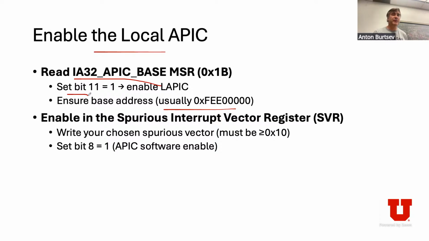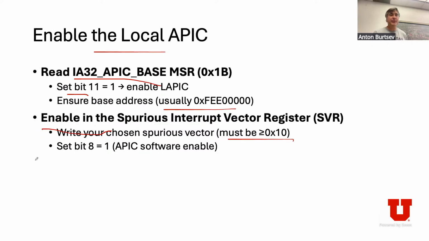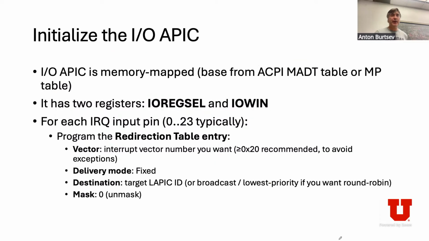You set bit 11 to enable the LAPIC. Then you have to configure the spurious interrupt vector register. Essentially, you write some magical value, and then you set bit 8 to 1, enabling it. Here you can pick a vector. The goal is to pick a vector for the spurious interrupt, otherwise it will not work, because it wants it to be configured. And finally, you initialize the IOAPIC.